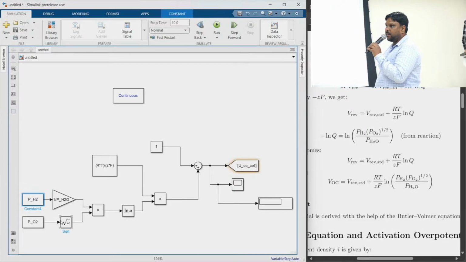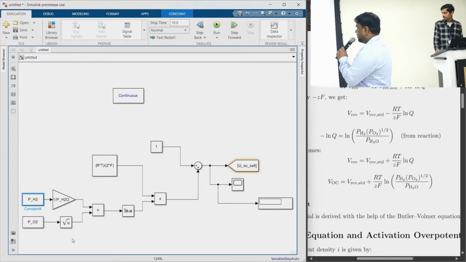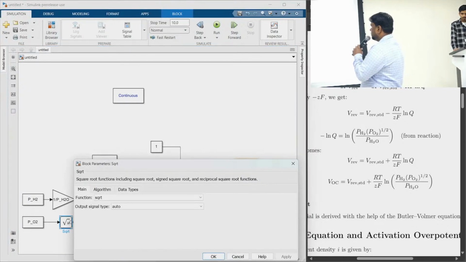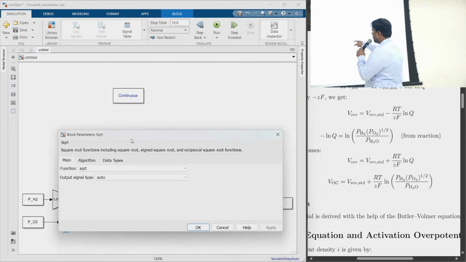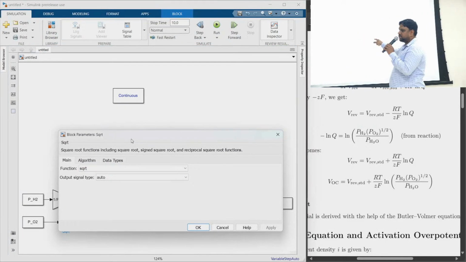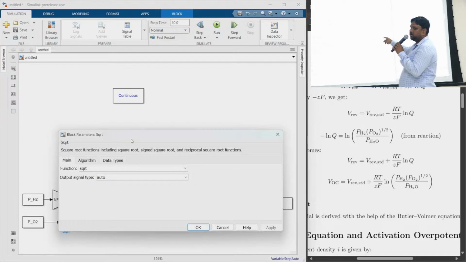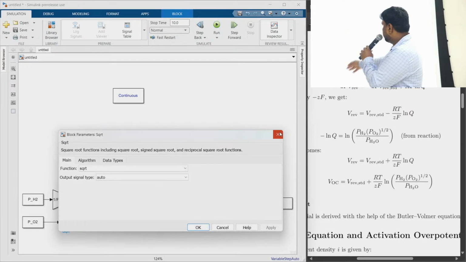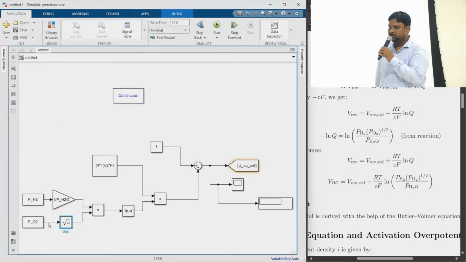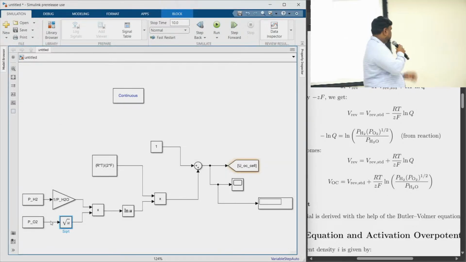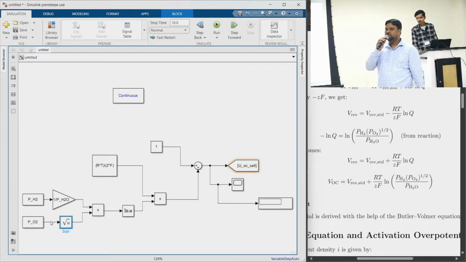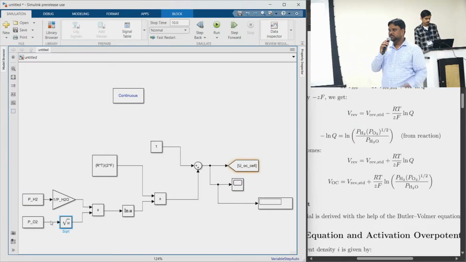This is square root, SQRT. Can you double click? Yes, sir. Double click. So this is a square root block. If you double click, search and type S QRT, it will give you that square root function and you can add here. So it's a square root of partial pressure of oxygen.